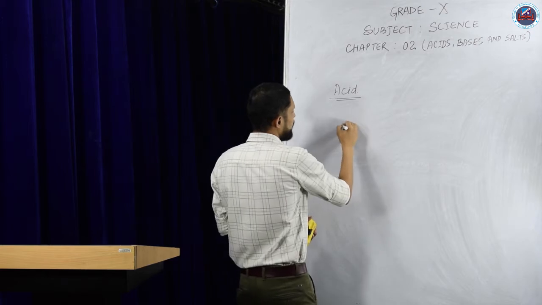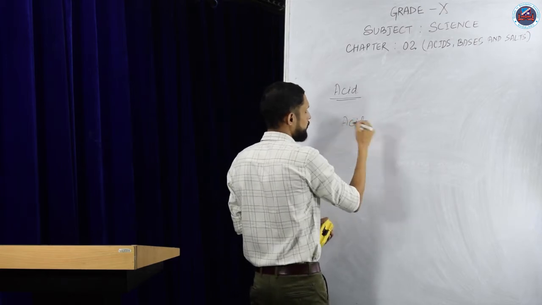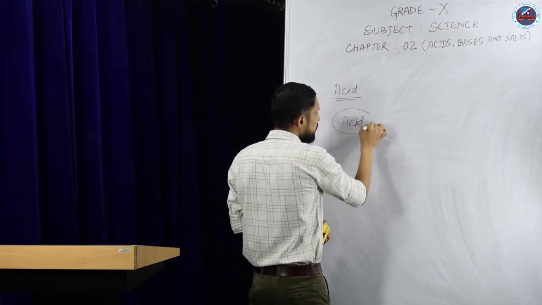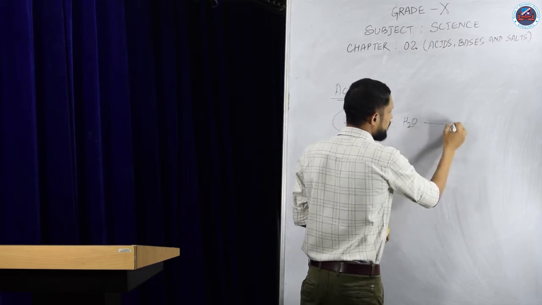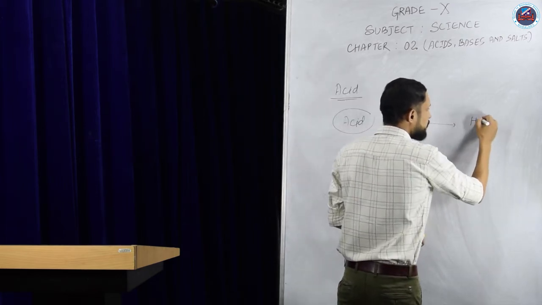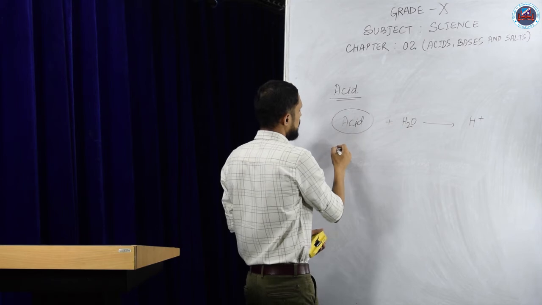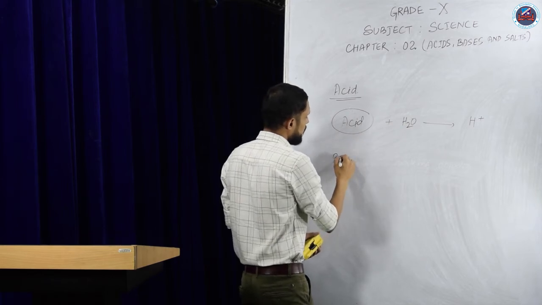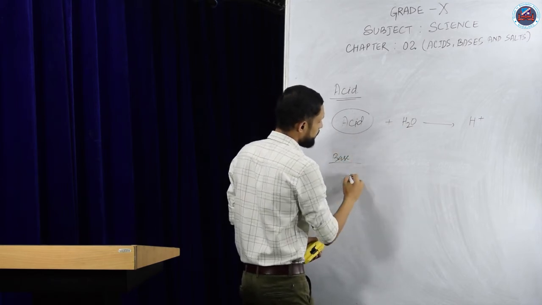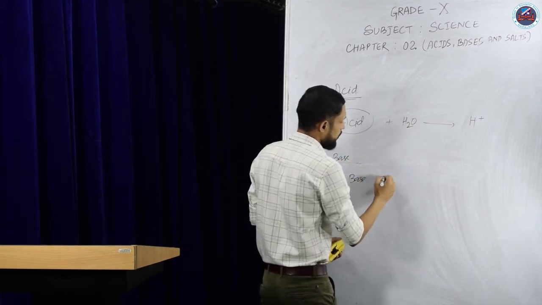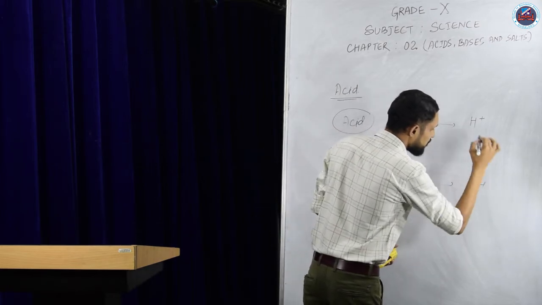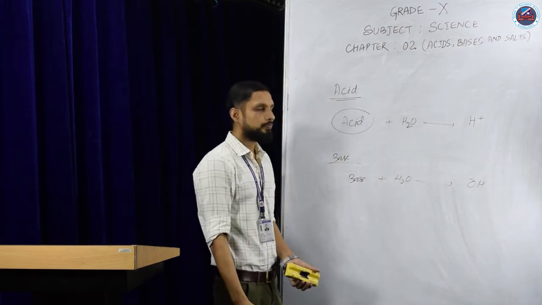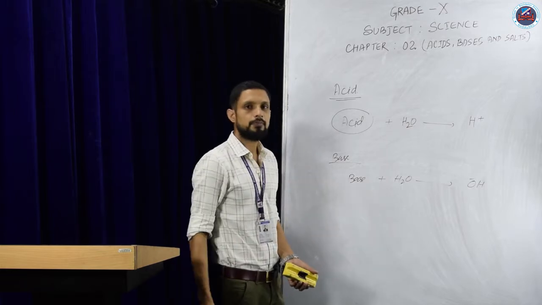So you take a compound, you dissolve it in water, and if it gives out H positive, it is an acid. Say you take a compound, dissolve it in water, if it gives out hydroxyl ion, then the compound is base.